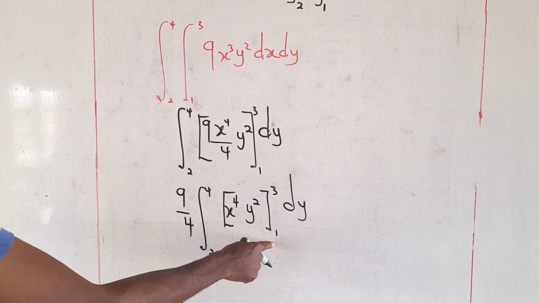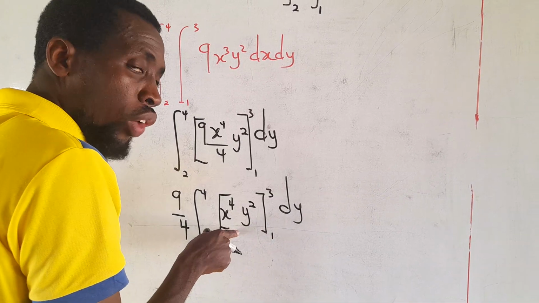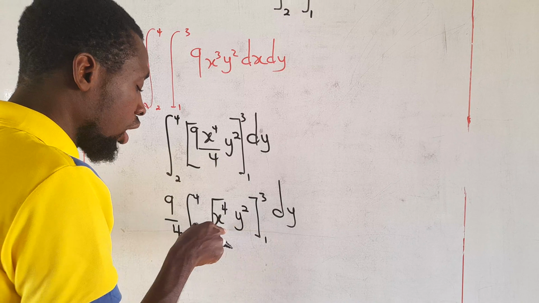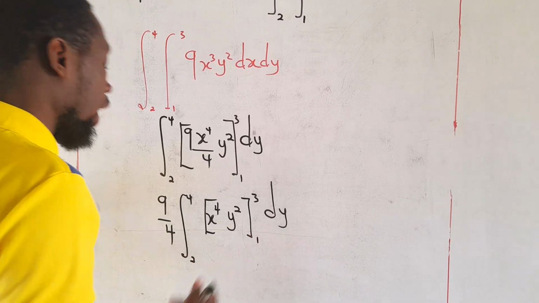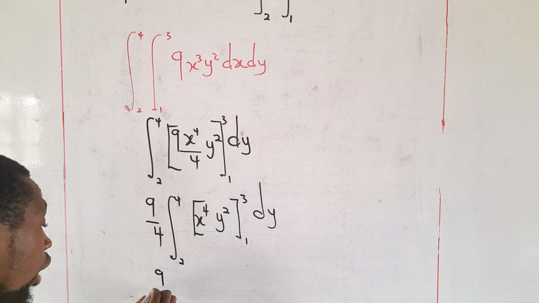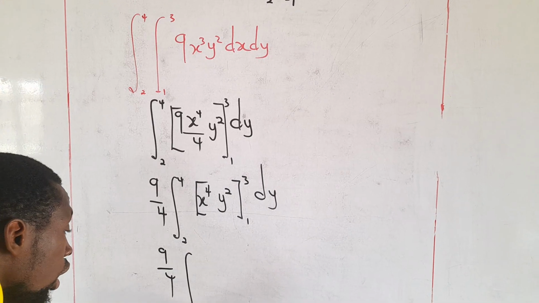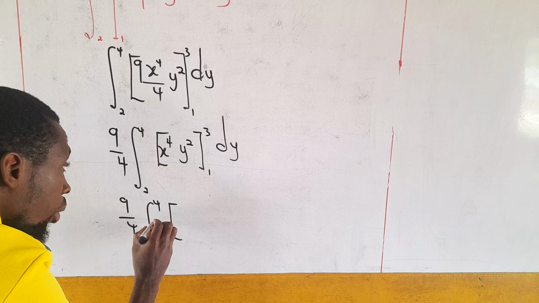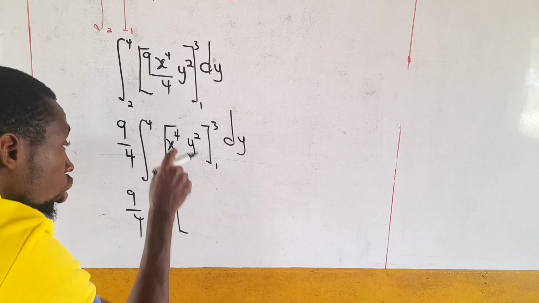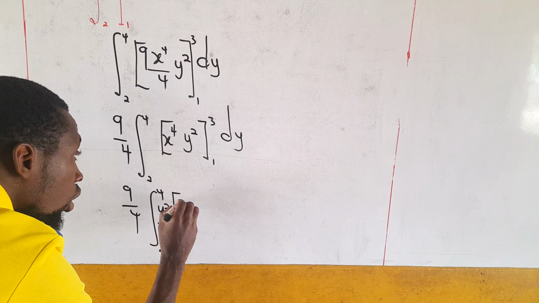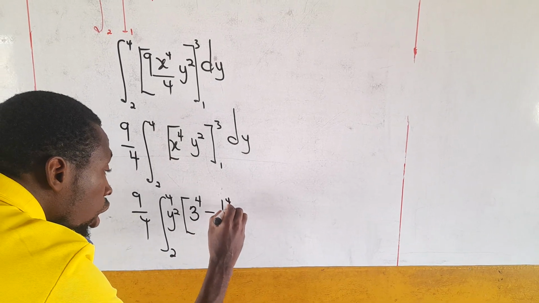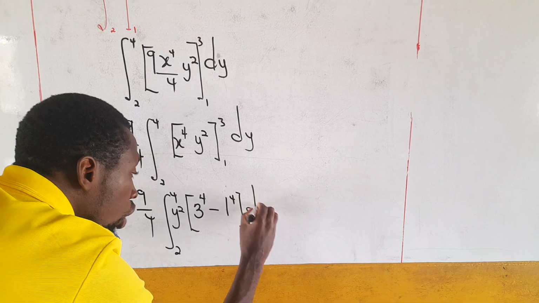So now I'll substitute the limit into this function. That's 3 exponent 4 minus 1 exponent 4. So we'll have 9 over 4 integral from 2 to 4 of, let me bring my y squared outside, 3 exponent 4 minus 1 exponent 4 dy.